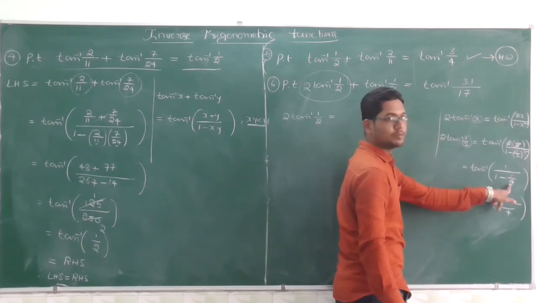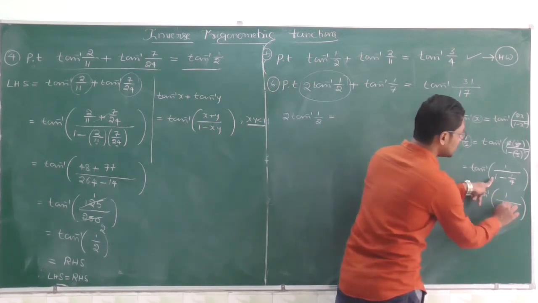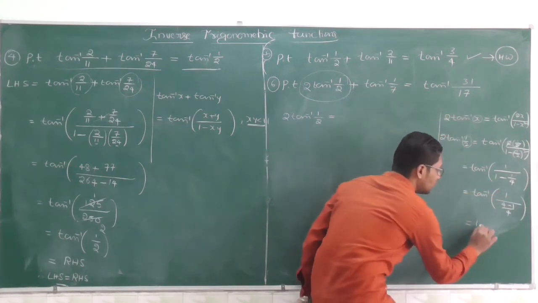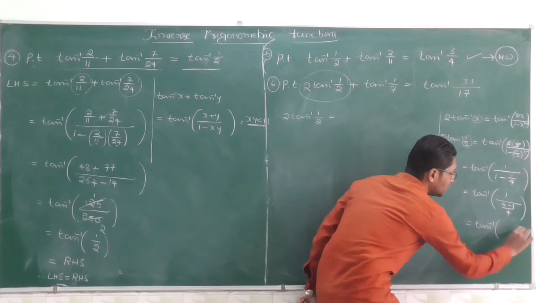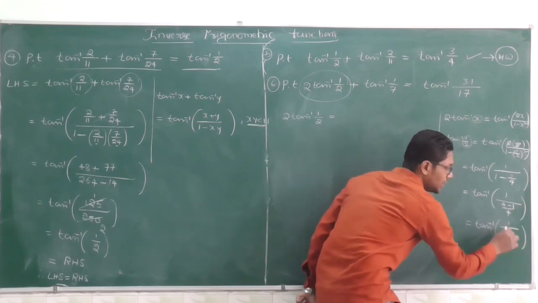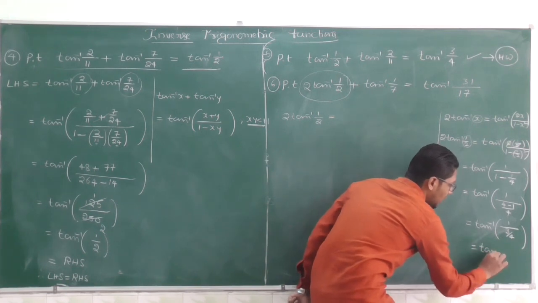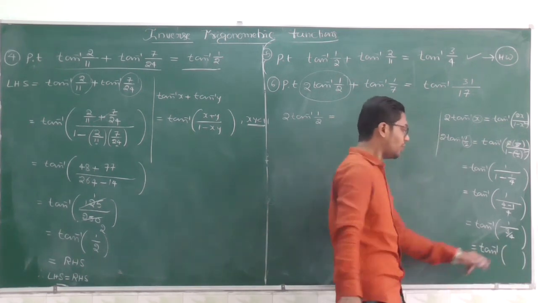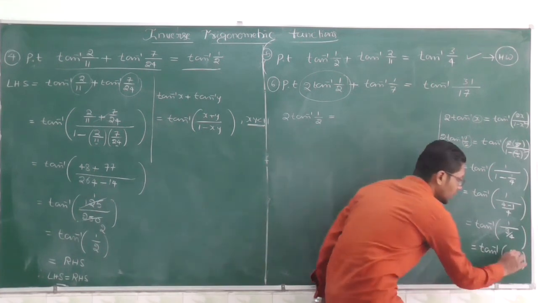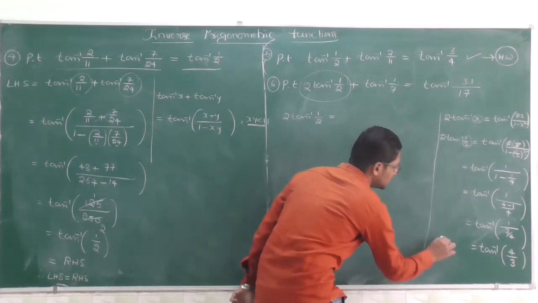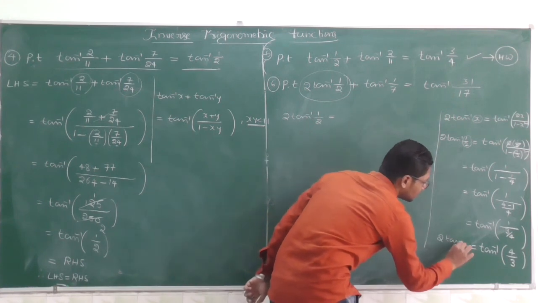In the denominator LCM is 4. 4 into 1 is 4 minus 1 is 3 by 4. That is equals to tan inverse of 1 divided by 3 by 4. It will be 4 by 3 only.